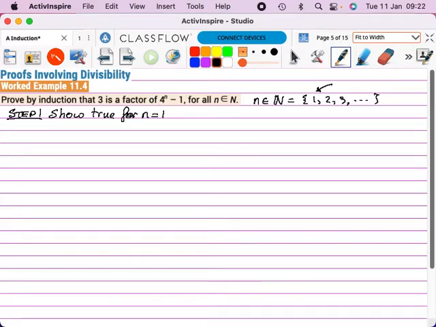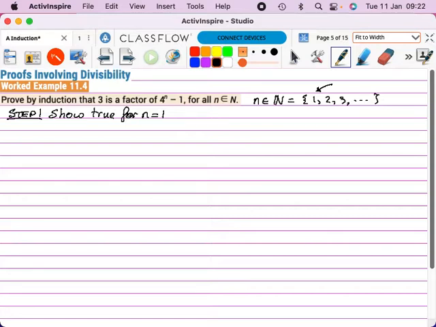Now, on this particular inductive process, there's no left-hand side and right-hand side. So what you've got to do is create a left-hand side and right-hand side.